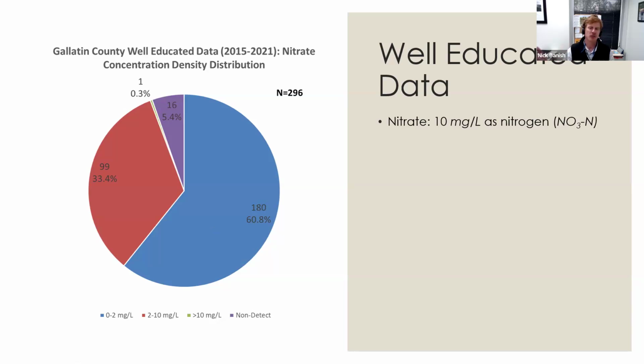So if we look at this massive bin of 60% of our observations, it's not unreasonable to say here is 60% of the data that have some sort of naturally occurring level of nitrate in their wells. Conversely, we could look at it the other way and say a third of the data is in excess of what could be naturally occurring, or what we could attribute to naturally occurring sources of nitrogen. Said another way, a third of the data is showing anthropogenic influence on nitrate concentrations in groundwater.